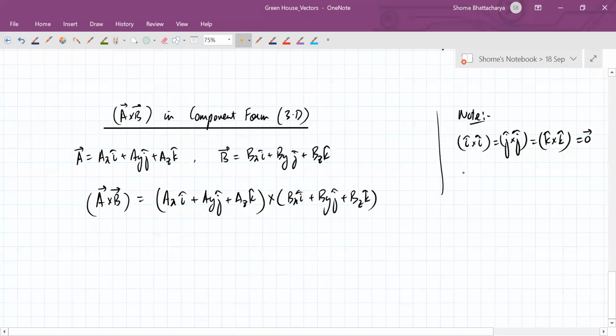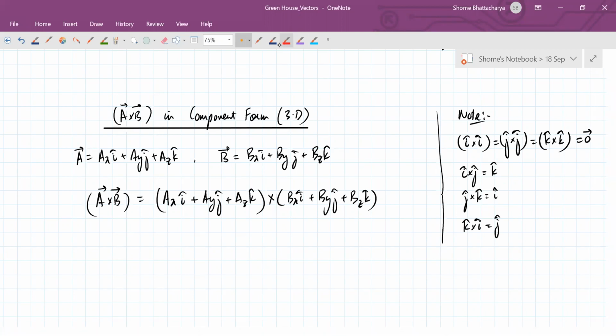Whereas these are cross products of perpendicular unit vectors.